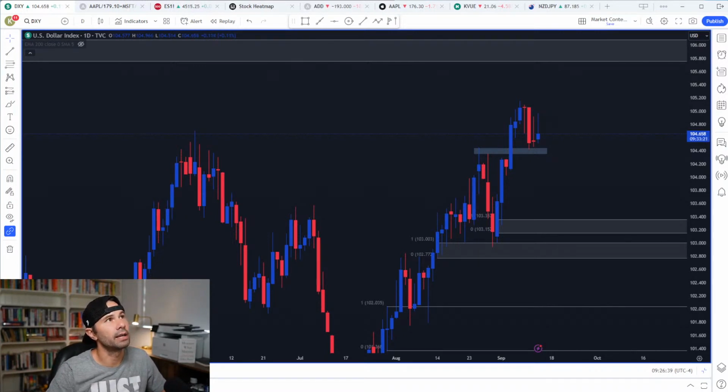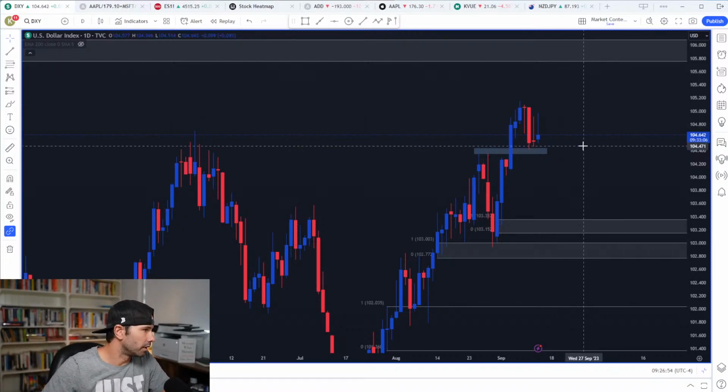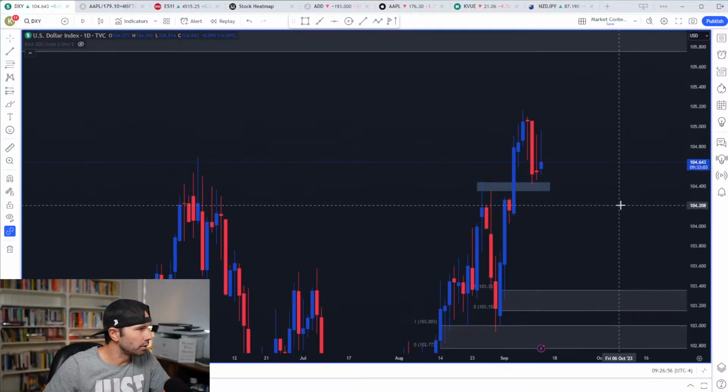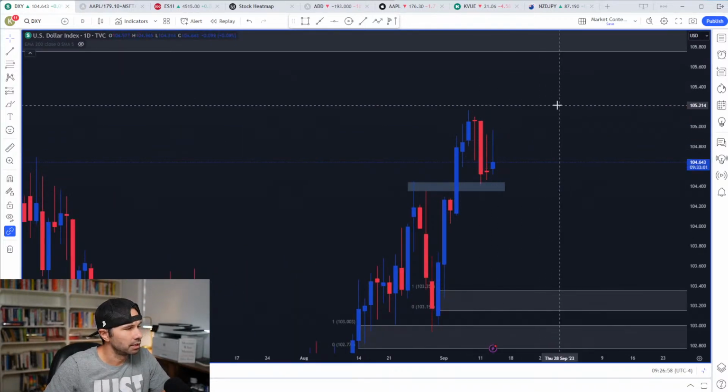Core CPI is 0.3, which is a bit higher than expectations, but not a surprise. Okay, perfect. So the dollar is a neutral bearish sentiment.